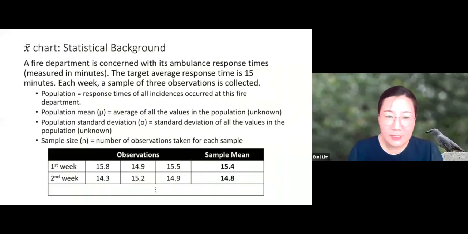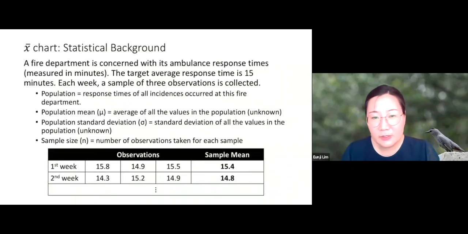In the next few slides, I want to spend a few minutes to talk about the statistical background of the X-bar chart. So let's take the previous example. A fire department is concerned with its ambulance response times measured in minutes, and the target average response time is 15 minutes. Each week, a sample of 3 observations is collected.